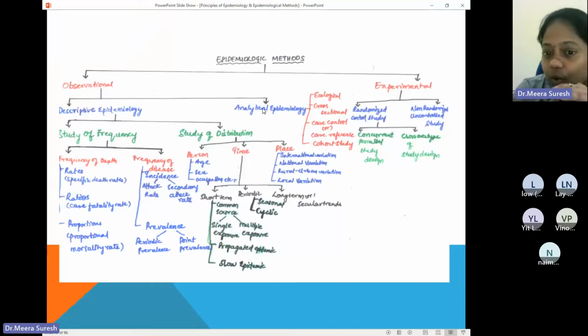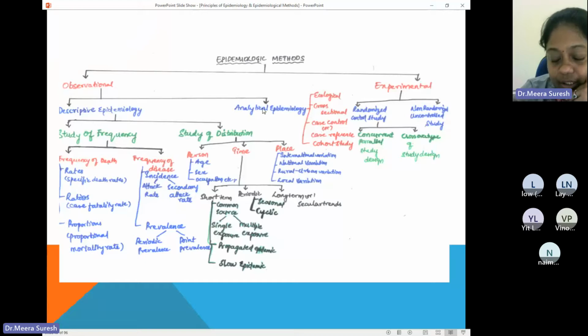Because of that, I didn't want to change or tamper with this picture, and it was also showing the complete blueprint of the other things. Only the confusion was here, and I hope you remember this. Technically, under analytical epidemiology, case control and cohort study should be the only answers.